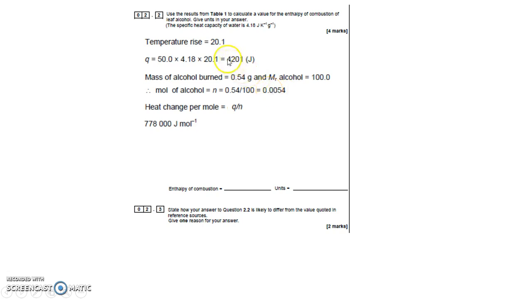That's a small amount giving a small amount of joules. 1 mole would give a larger number of joules. Yes, that's correct, for a larger number of moles, 1 mole of alcohol.